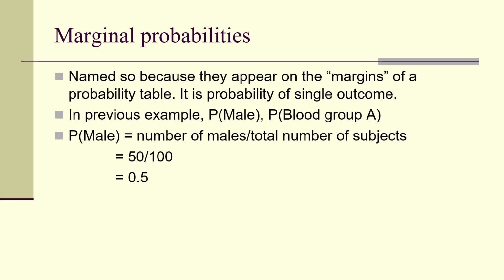It is the probability of a single outcome. In the example of the previous slide, the probability of male and the probability of blood group A are marginal probabilities. The probability of male is calculated as the number of males divided by the total number of subjects. So you have 50 divided by 100, which is equal to 0.5.